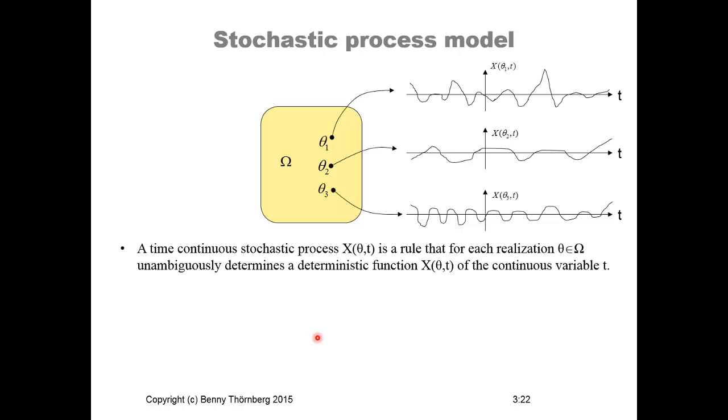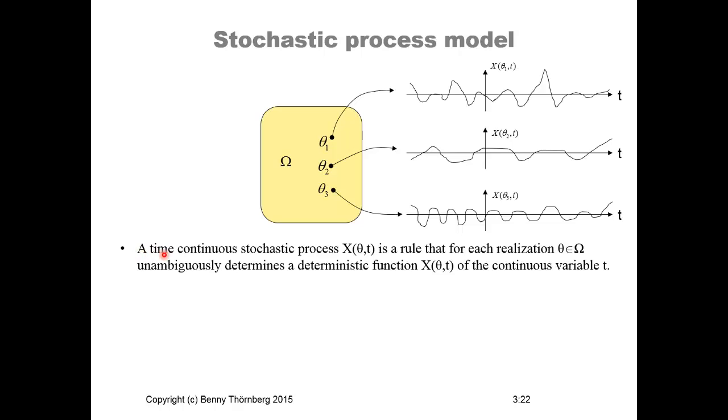What we see here is a schematic of a stochastic process model. This is an ensemble omega, that has three realizations, in this case theta 1 to theta 3, where each realization is a time continuous deterministic function, and then there is a certain probability of occurrence for each one of these functions.